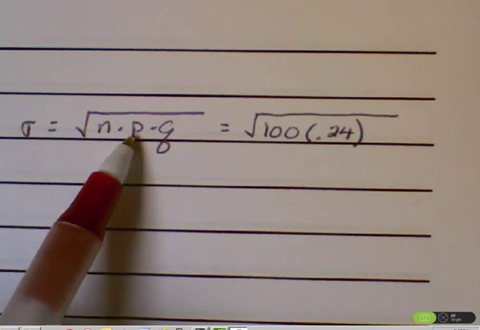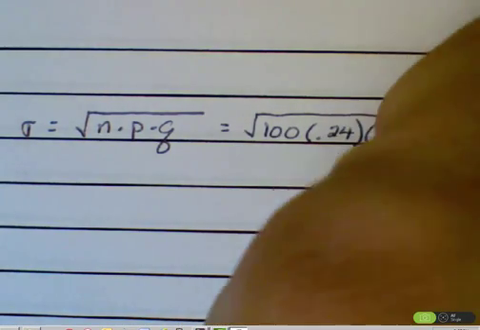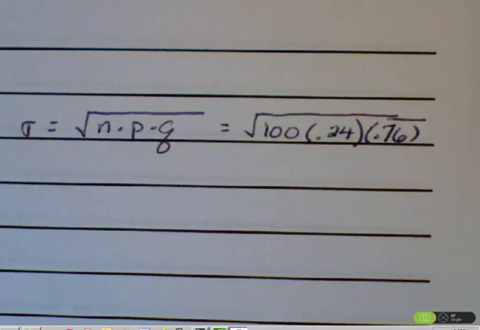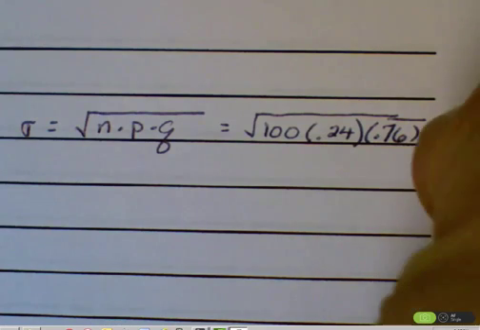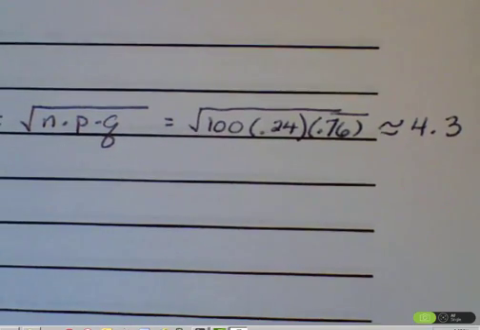If the probability of a blue M&M is 0.24, the probability of a not blue M&M is 0.76. So the square root of 100 times 0.24 times 0.76 is about 4.3. So I'm expecting 24 blue M&Ms with a standard deviation of 4.3.